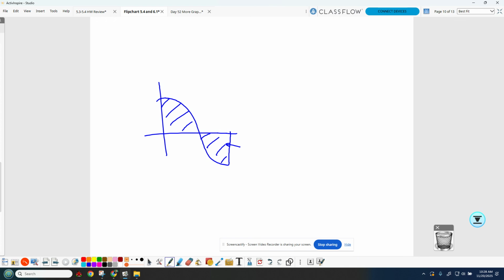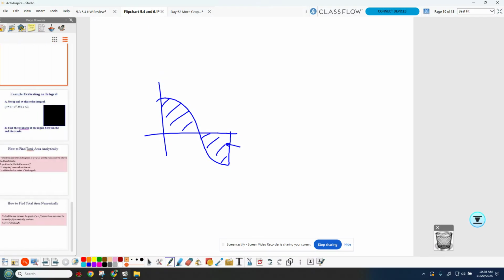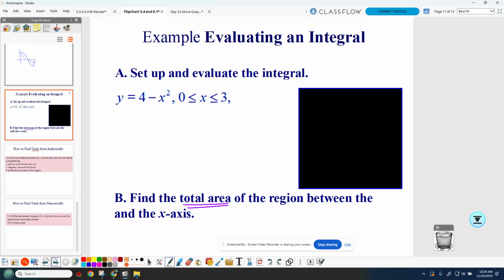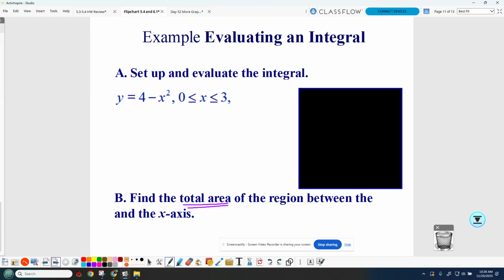So total distance, total area, versus net or displacement. Okay? All right, so we'll try the question that is up. First one, find the integral. Just integrate. Down here, find the total area.